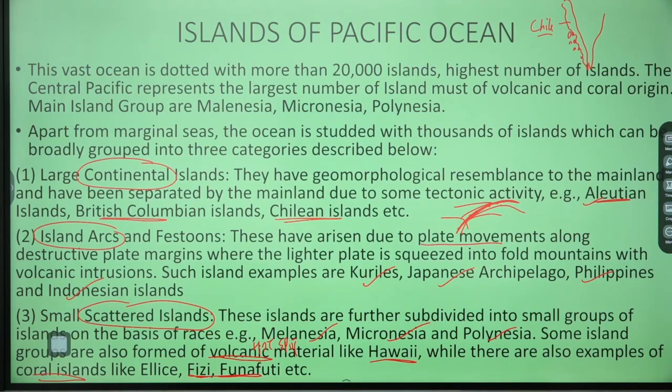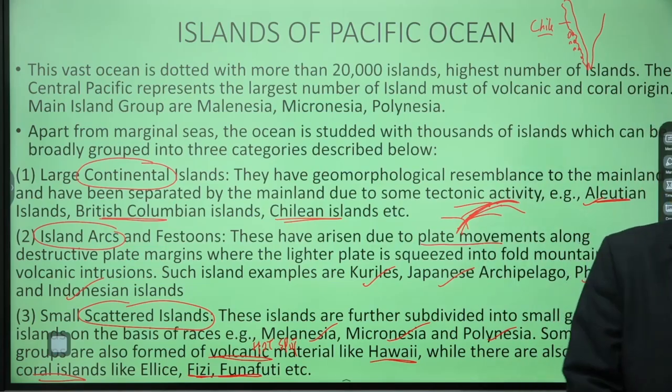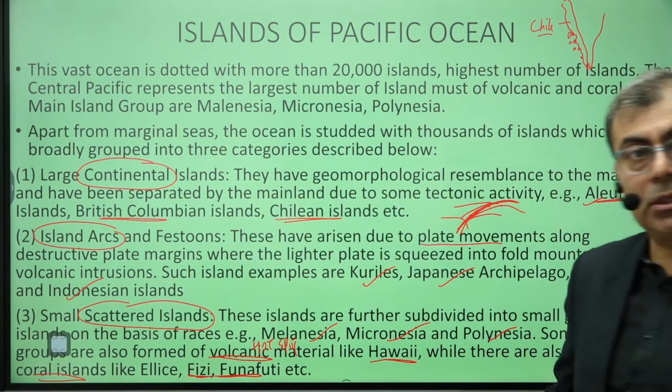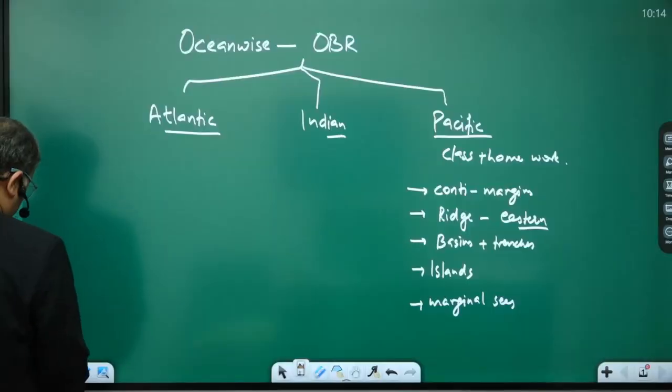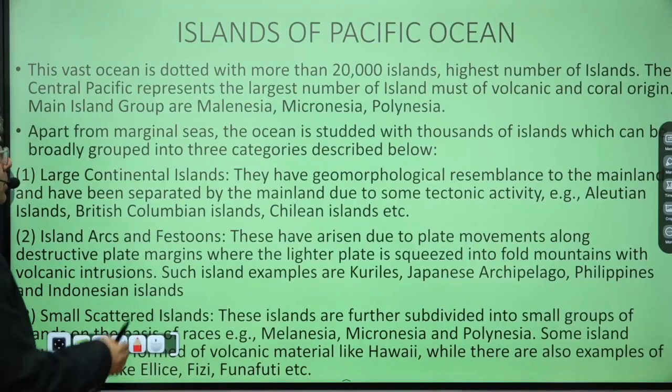Done, everyone? Okay. So now we go to the next part of Pacific Ocean. Now that you have looked at the continental margin, where it is wide, where are the islands, two parts done.